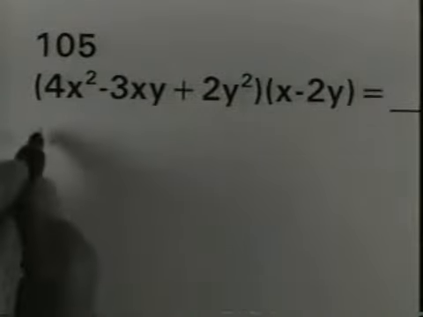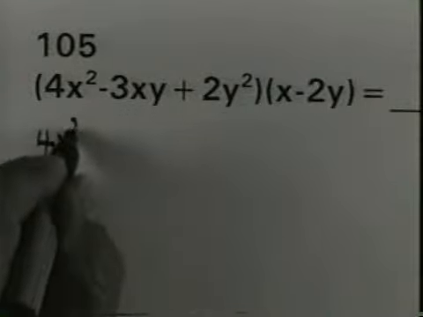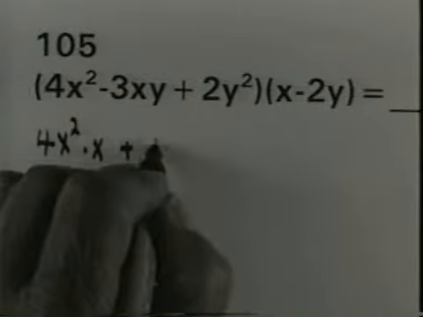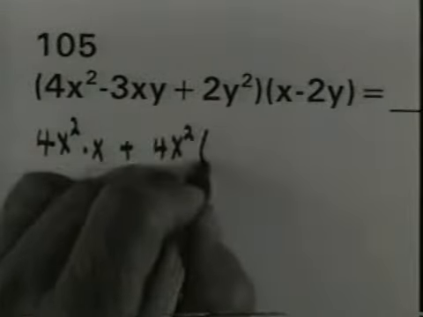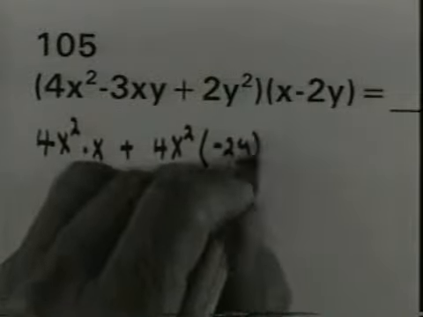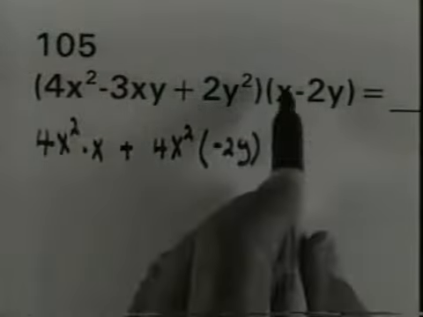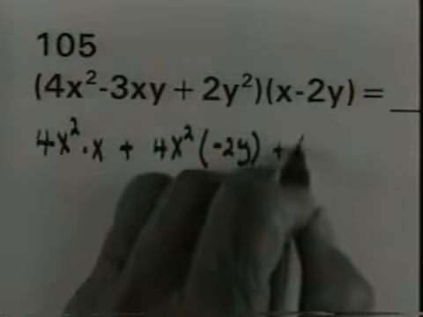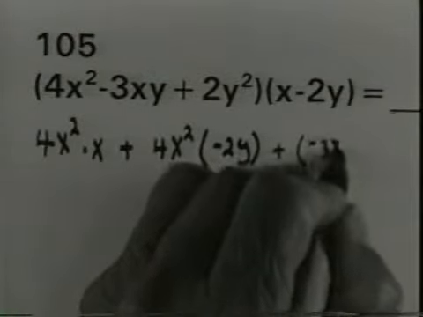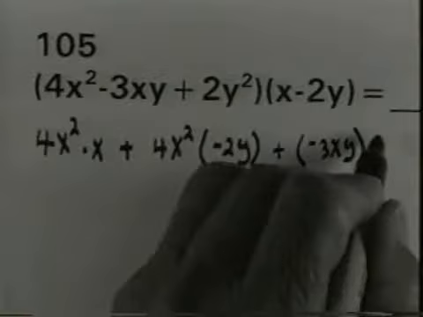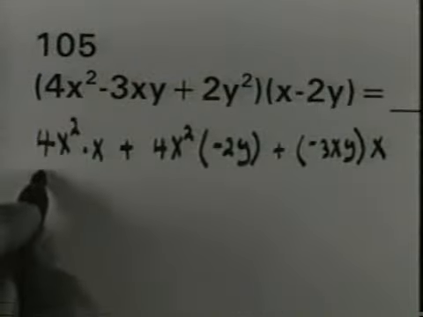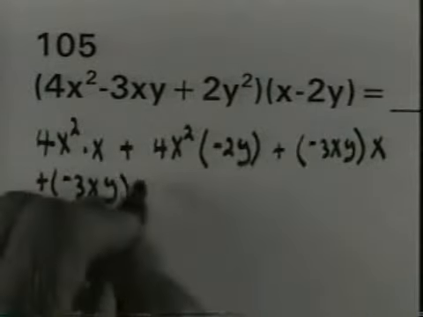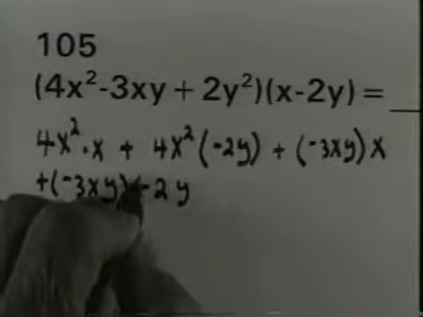So I can multiply the 4x squared times the x plus the 4x squared times the negative 2y. I'm multiplying the 4x squared by the x, the 4x squared by the negative 2y. Plus, I'm going to multiply the negative 3xy by the x. Then I'm going to multiply the negative 3xy by the negative 2y.